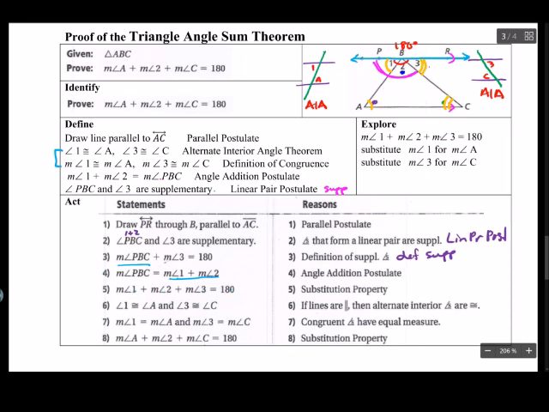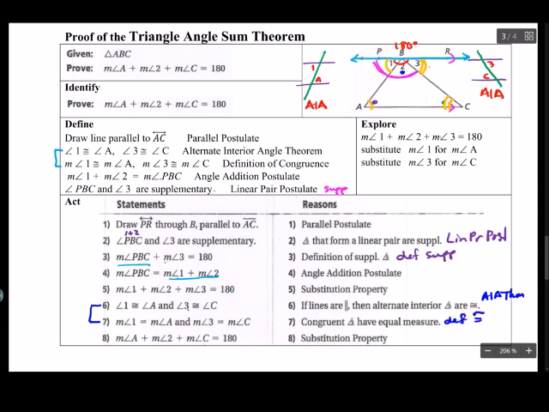I know that these angles are congruent by my alternate interior angle theorem, and we can put both of these on the same line because they both use the same reason. If you want, you can separate them out. You don't have to. Sometimes it's easier. And then definition of congruence.